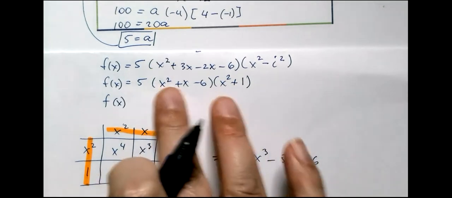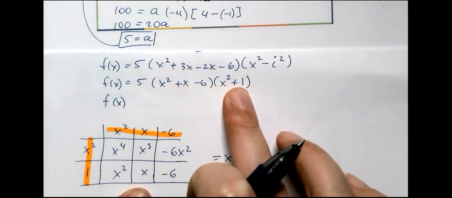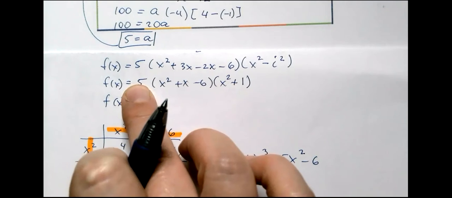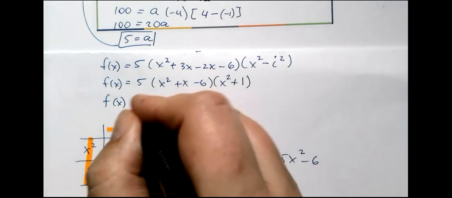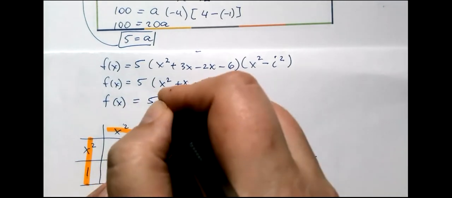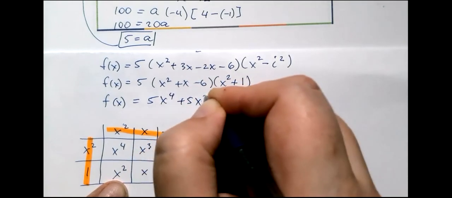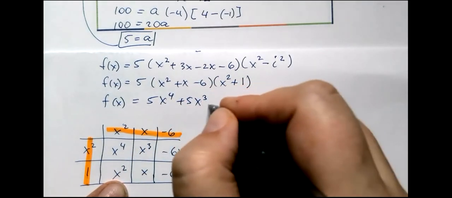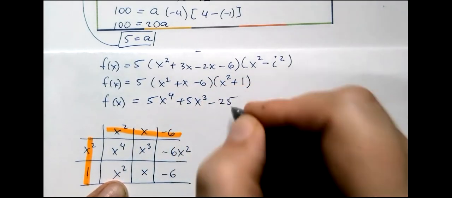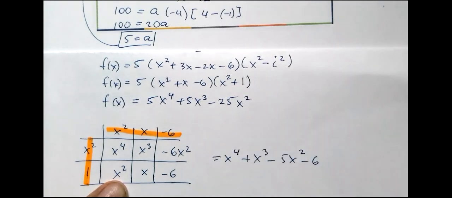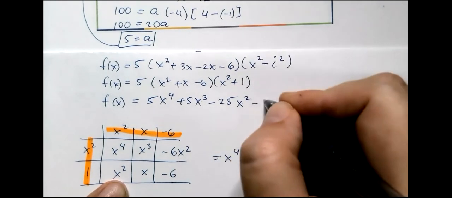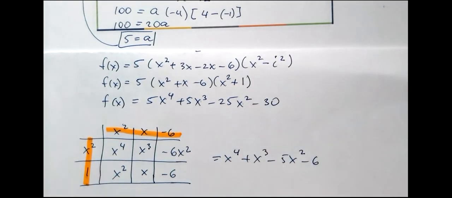And now, that's that times this. Now I need to multiply everything by 5. So my result will be 5x to the fourth plus 5x cubed minus 25x squared and minus 30. And that's it.